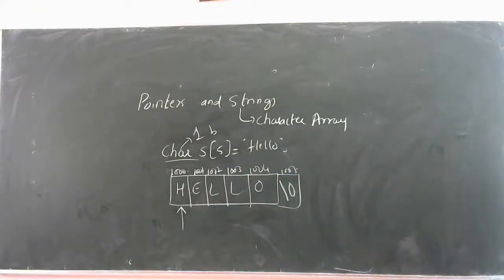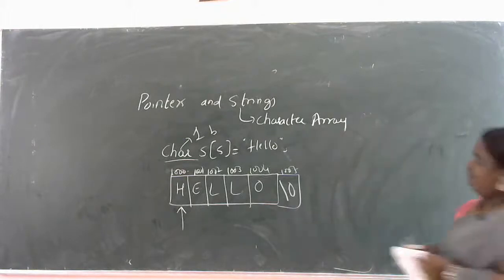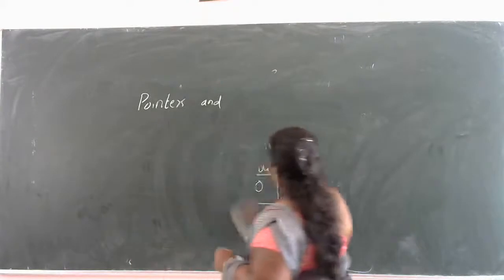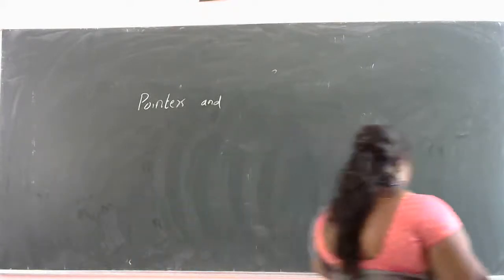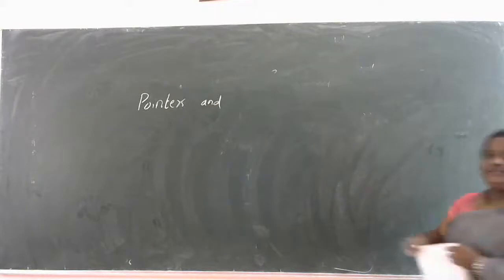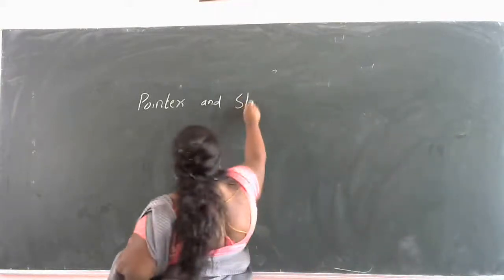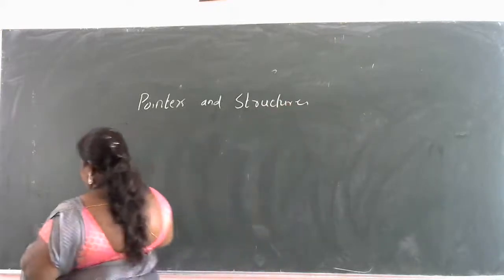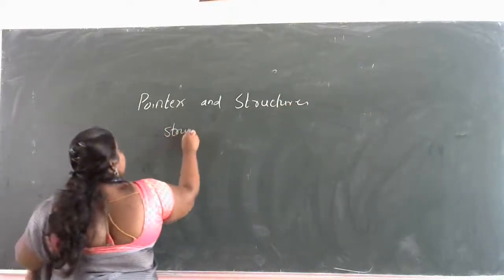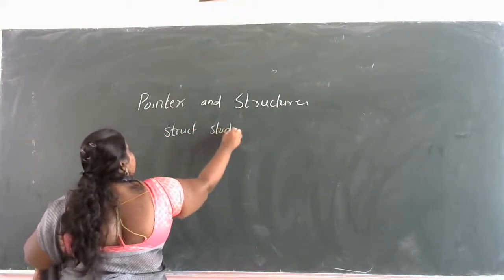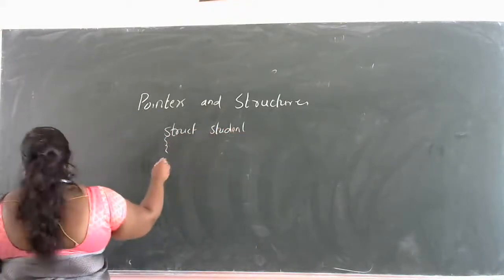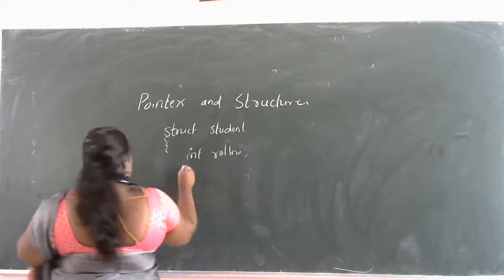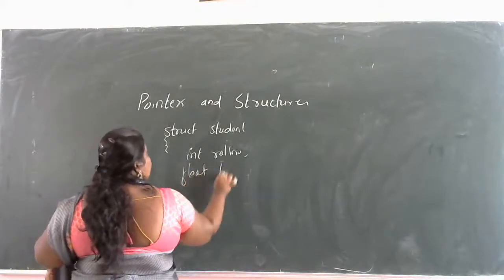Next is pointers and structures. Example, struct student, int roll number, float fees.